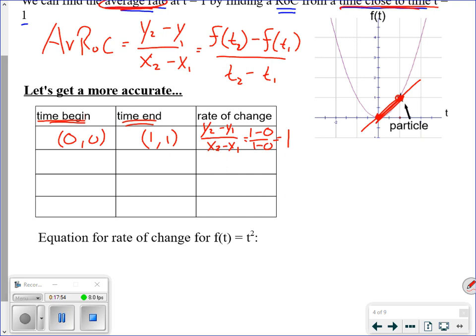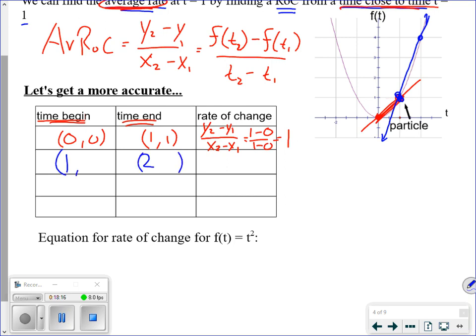Well, let's choose a point on the other end. How about from 1 to 2? What will be the average rate of change of that? Again, we're starting at time 1 and ending at 2, and you can put the y values in if you can see it a little better that way.